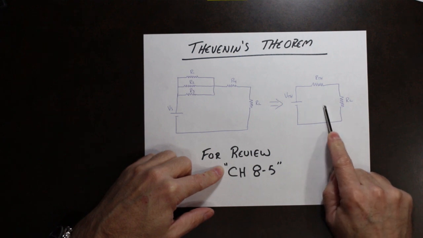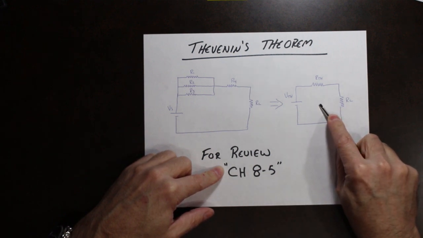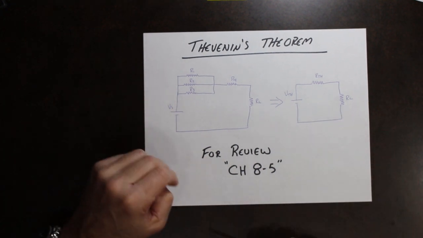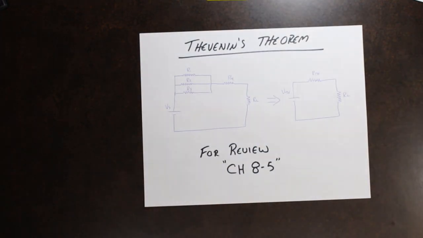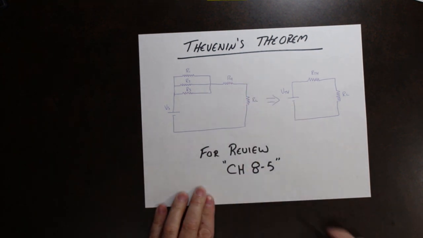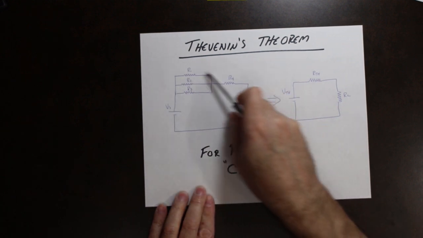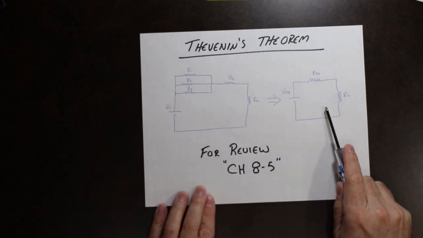We've covered that already in class. There are also notes on Blackboard that help you go through that procedure. If you need another reference in the textbook, chapter 8-5 is a review on Thevenin's theorem. Again, it's a procedure that we go through in order to convert a complex circuit into something as simple as this.